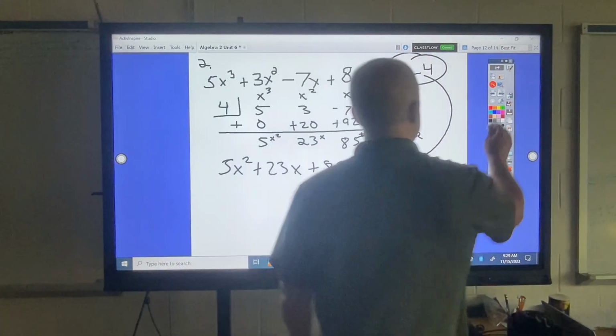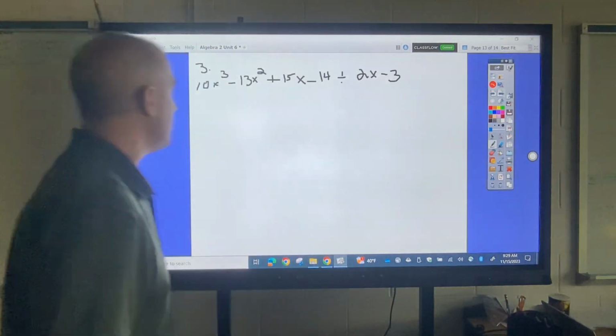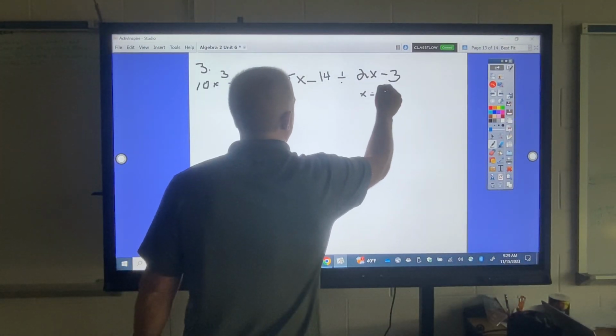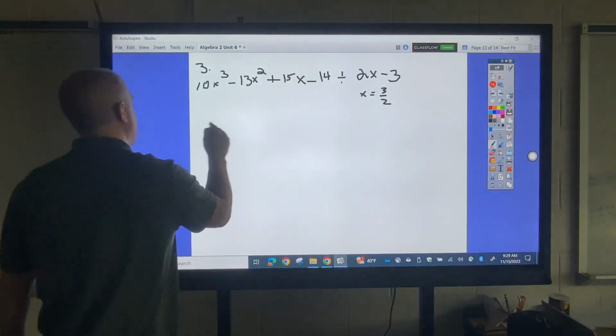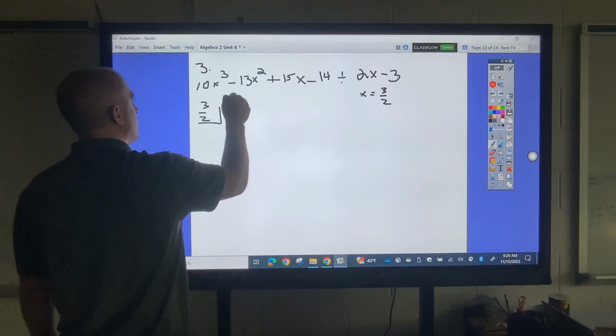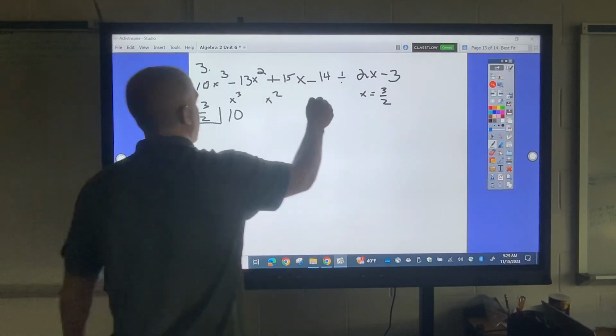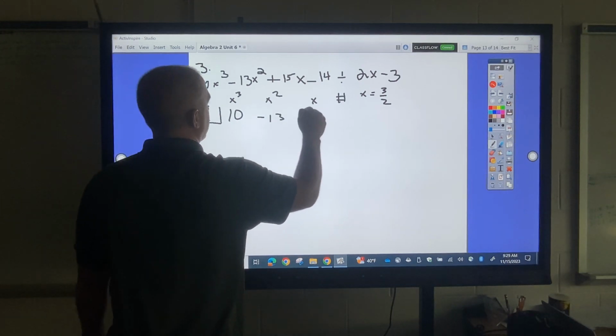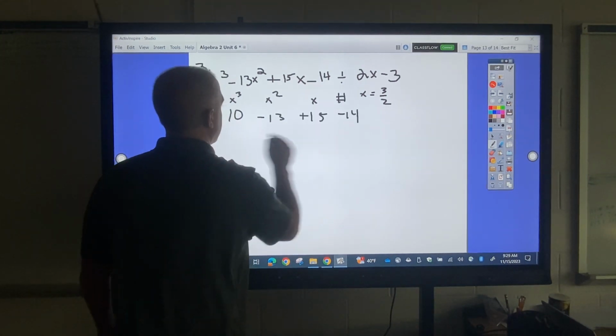Let's do one more of those. Okay, so I would want to solve this. That would be x equals 3 halves. That number goes in the half box. I got x cubed, x squared, x a number. So that's going to be that, negative that, positive 15, negative 14.